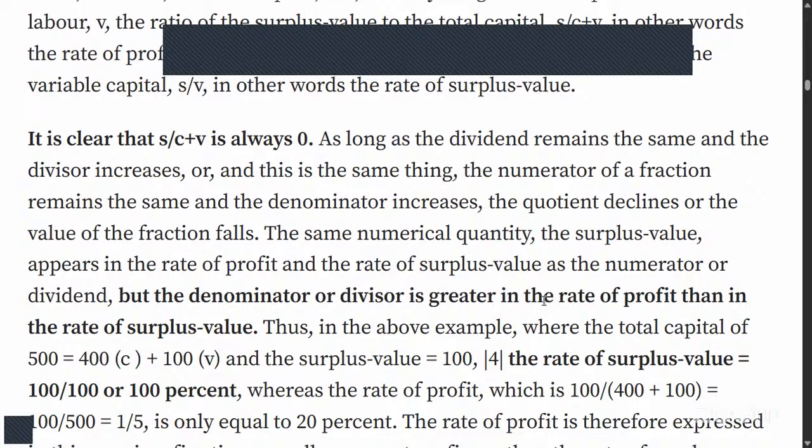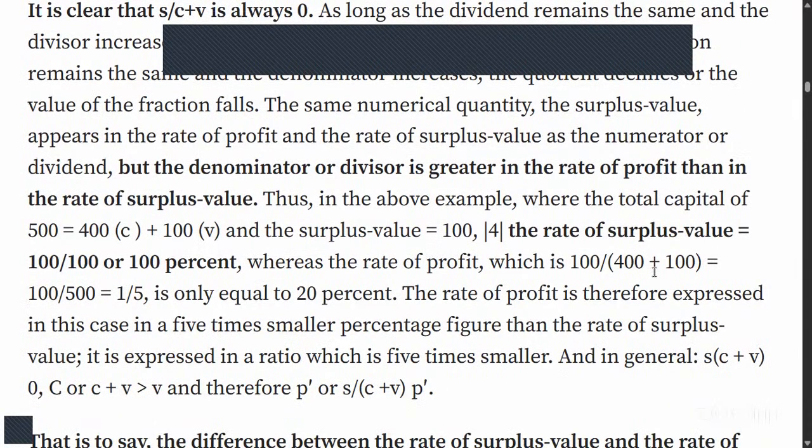Thus, in the above example, where the total capital of 500 pounds equals 400 C plus 100 V, and the surplus value equals 100, the rate of surplus value equals 100 over 100, or 100%, whereas the rate of profit, which is 100 over 400 plus 100 equals 100 over 500 equals 1/5, is only equal to 20%. The rate of profit is therefore expressed, in this case, in a five times smaller percentage figure than the rate of surplus value. It is expressed in a ratio which is 5 times smaller.